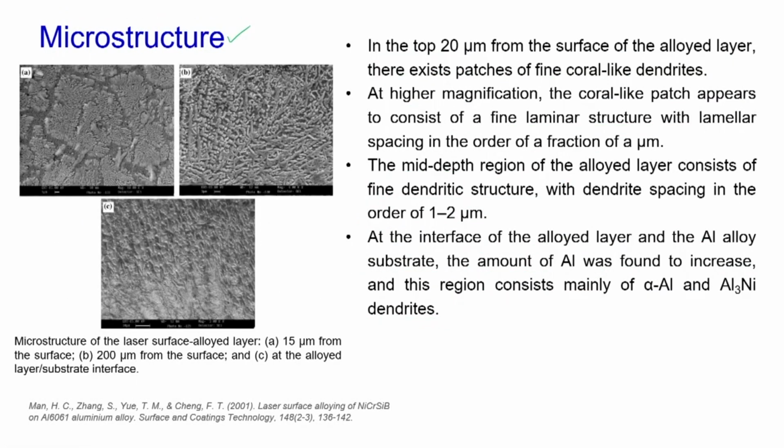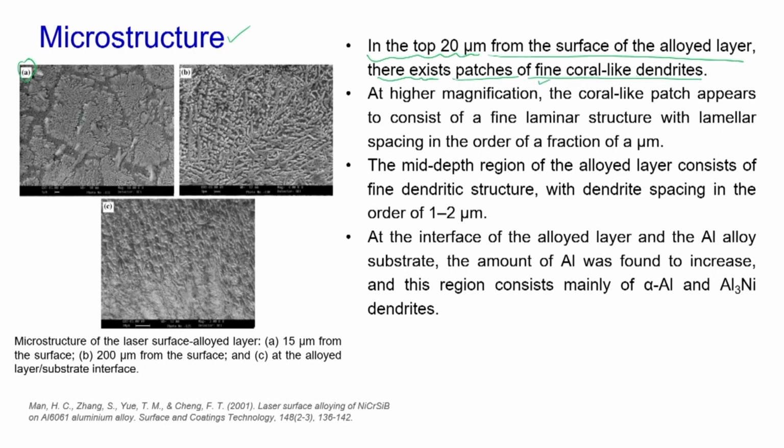Then let us study the microstructure of the alloyed layer. In the top 20 micron from the surface of the alloyed layer, there exist patches of fine coral like dendrites. So, this figure A which you can see over here is at the top surface, approximately 15 to 20 micron, and we can notice fine coral like dendrites.